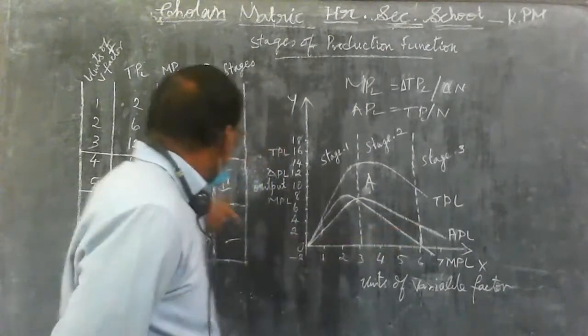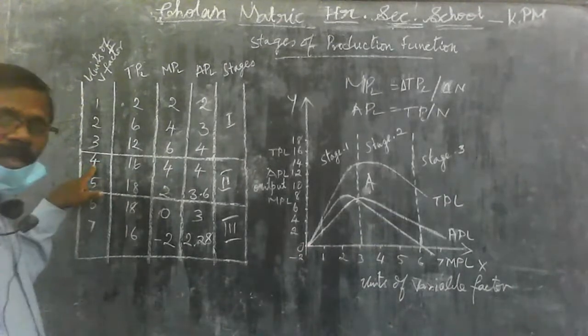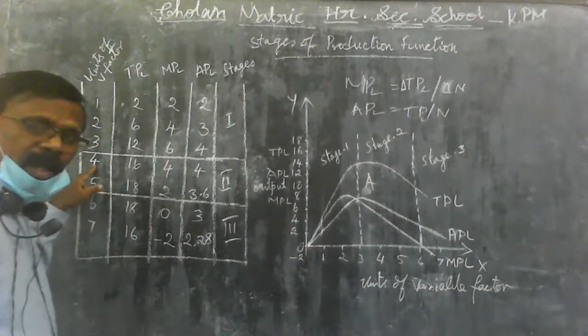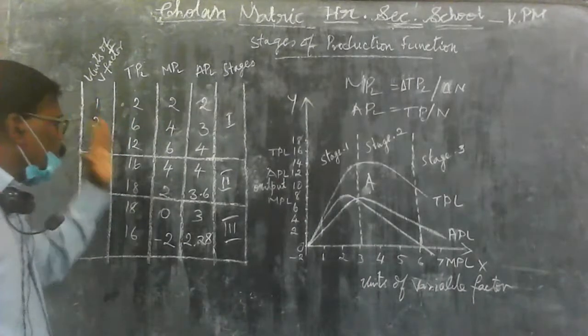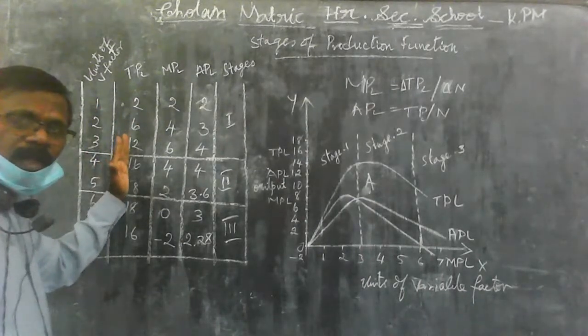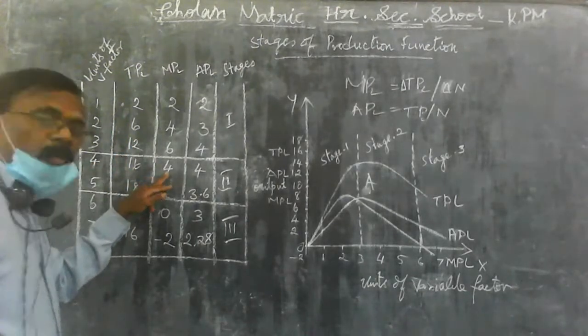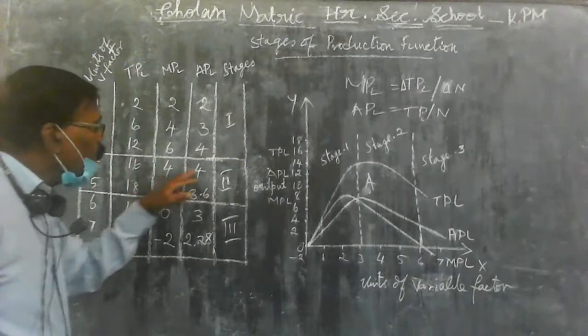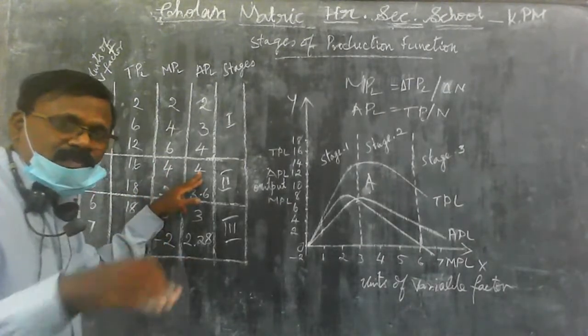Okay. Now, look at the schedule. At the fourth unit of labor, total product shows an increase, and marginal product and average product are equal.